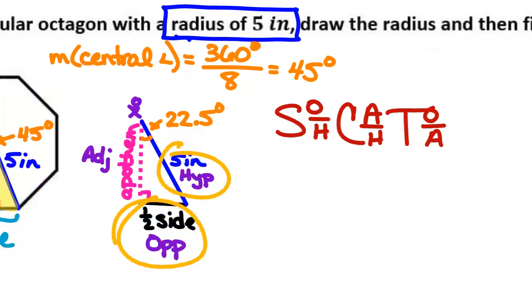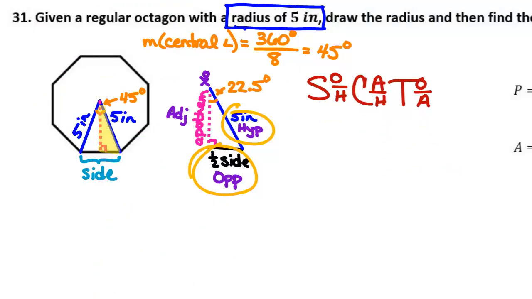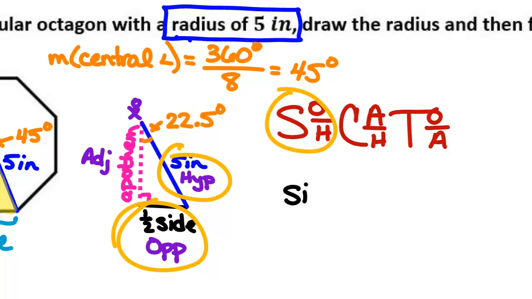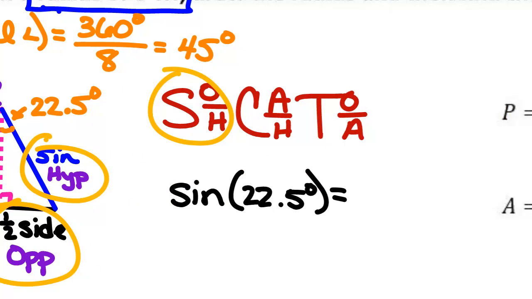Which one of these lets me use hypotenuse and opposite? The first one, sine, yes. So we're going to do sine of our angle, 22.5, equals my opposite side, which is that half side of the octagon, over the hypotenuse, which is 5.